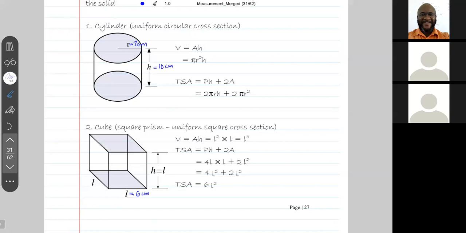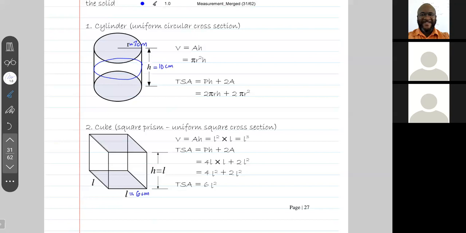Now, the shape at the top is a circle. The shape at the bottom is an identical circle. And if I cut this shape in the middle, what shape would be exposed? Anybody? An oval. It wouldn't be an oval, but thank you for trying.